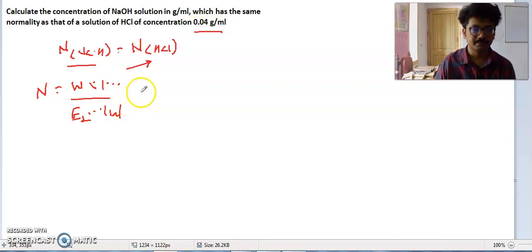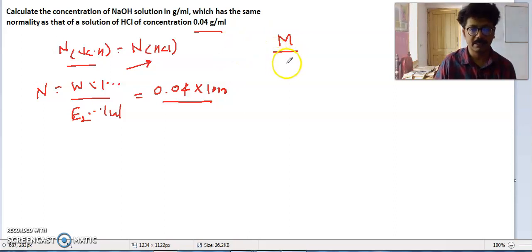That means the mass is 0.04 gram, multiplied by 1000, divided by E2. What is the equivalent mass? You know the equivalent mass is nothing but the molar mass divided by the ionizable H plus or OH minus. For HCl it is only 1.